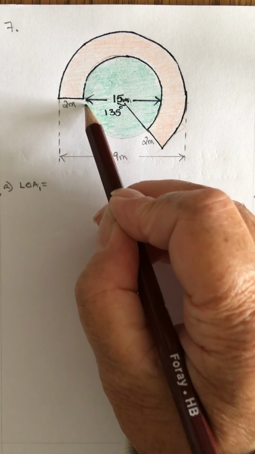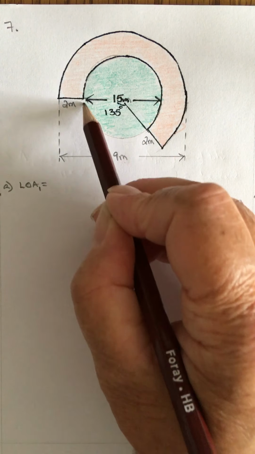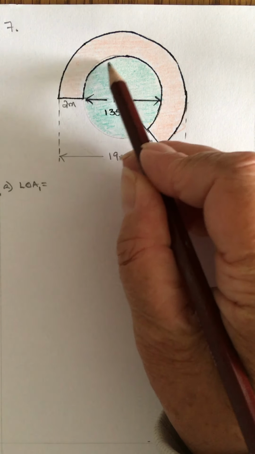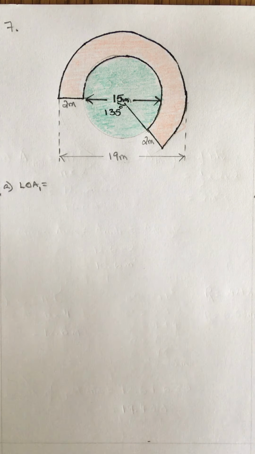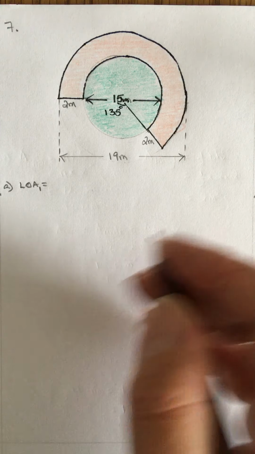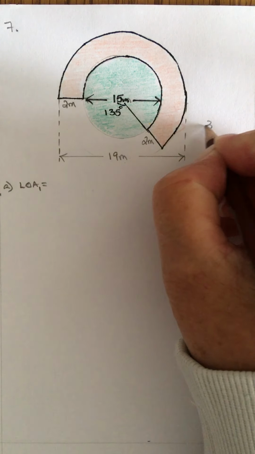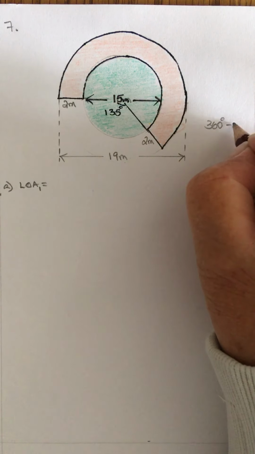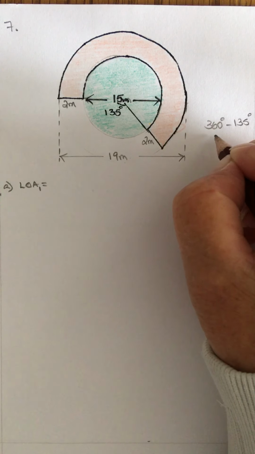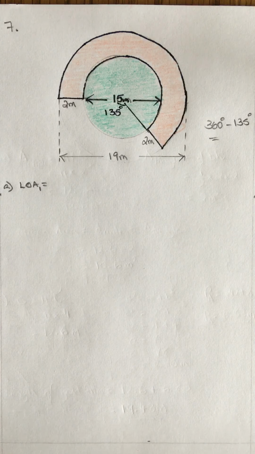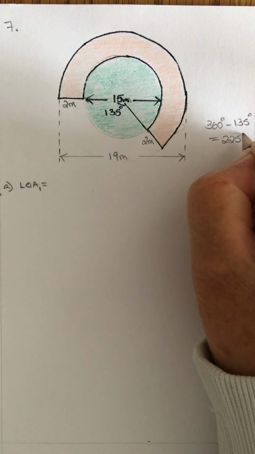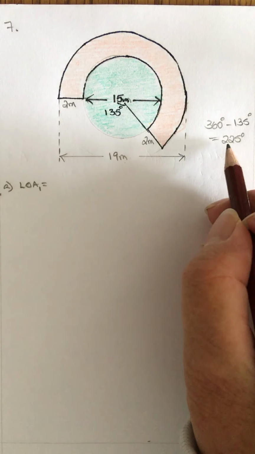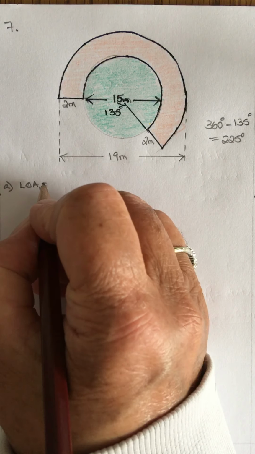If we were looking at that bit there, we would use the 135, but because we're looking at this bit here, we need to do 135 away from 360. So 360 degrees take away 135 degrees equals 225 degrees. That's the angle we'll use for the length of the arc.